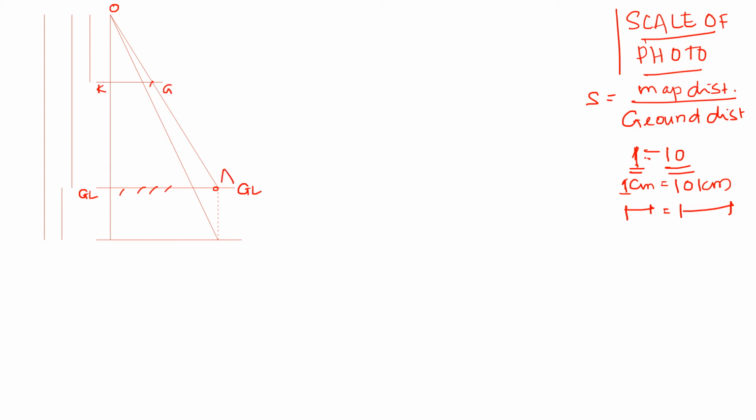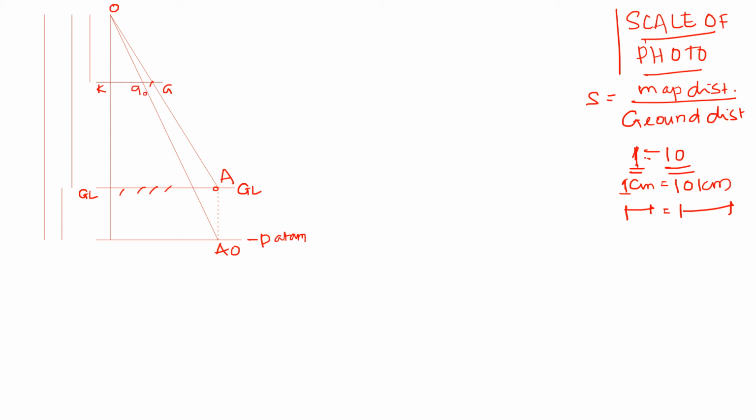On the ground, I'll name it capital A, and here is the datum line, so I'll name that A naught here. This is the datum line point, so on the photograph I will name it as O naught.